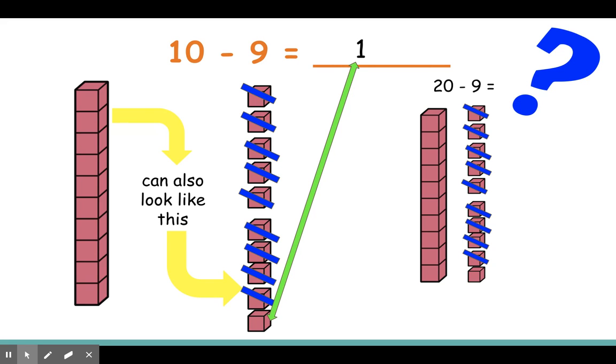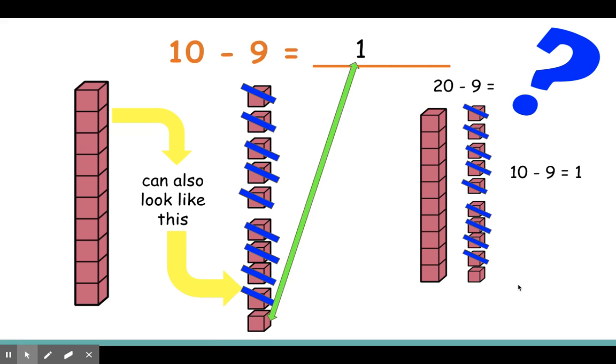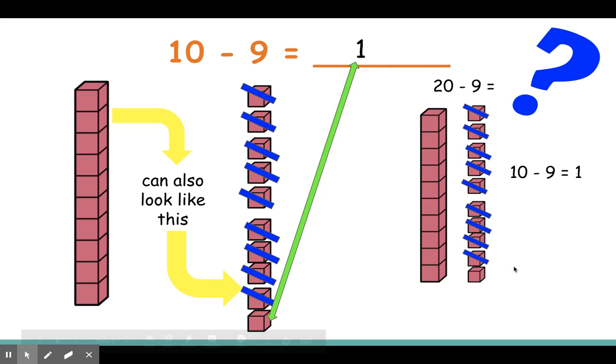So 20 subtract 9. Now, when we took away the 9, did we really take it away from 20 or did we take it away from this group of 10? That's right. We took it away from the group of 10 that we broke apart. So the first step we took was 10 subtract 9 equals 1. There's that same 1 that's left at the bottom.